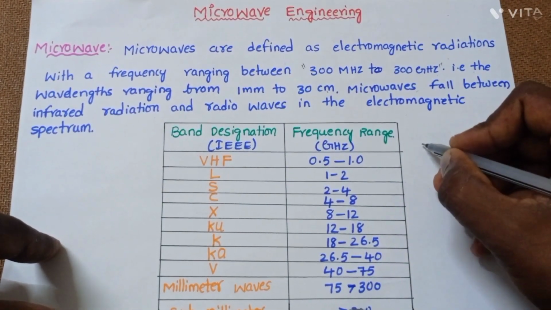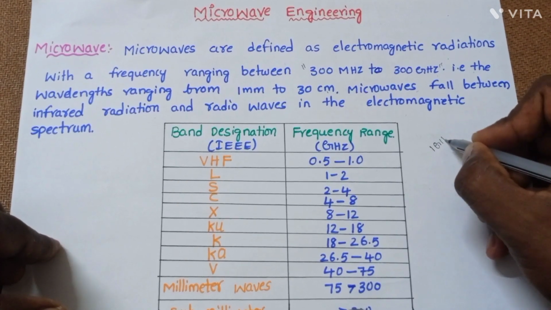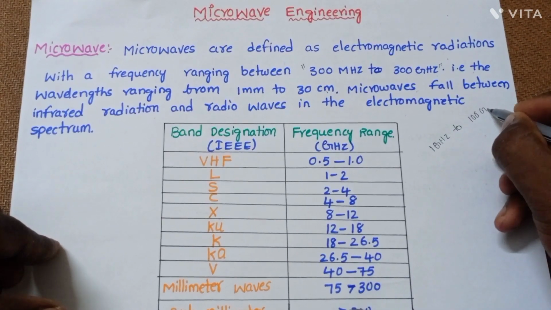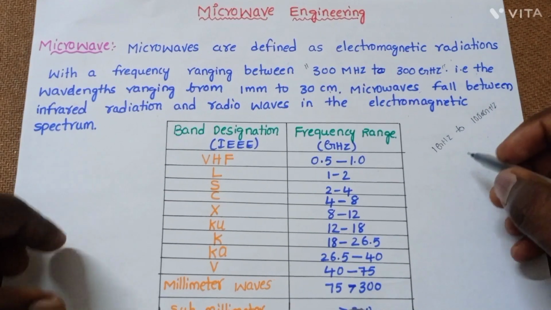In some textbooks you can find the frequency range of microwave as 1 GHz to 1000 GHz.